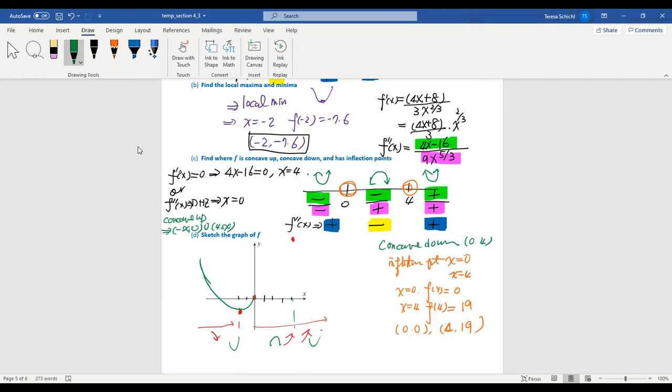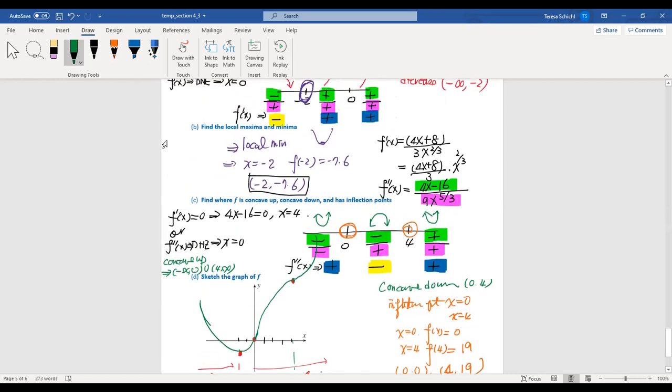And in here this is concave down, so I'm going to go this way, concave down. And then this is concave up, so I'm going to go like this. All right, so that is my graph.